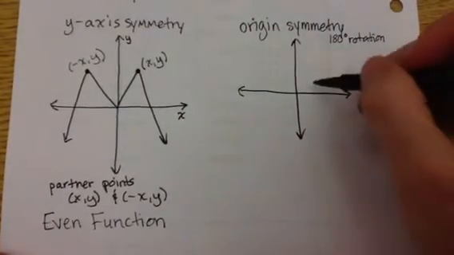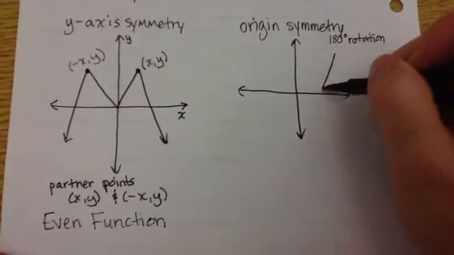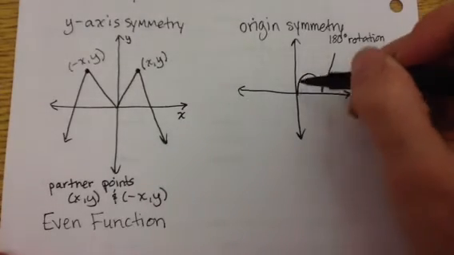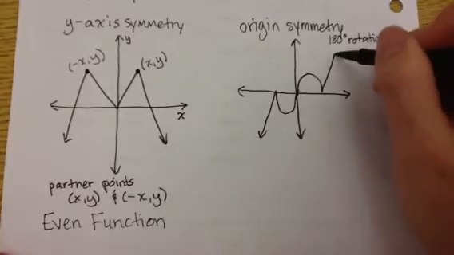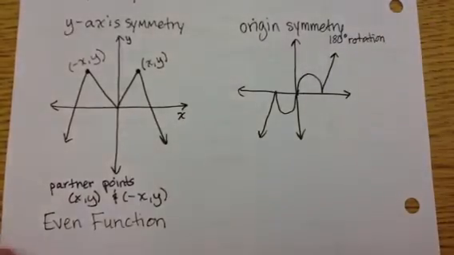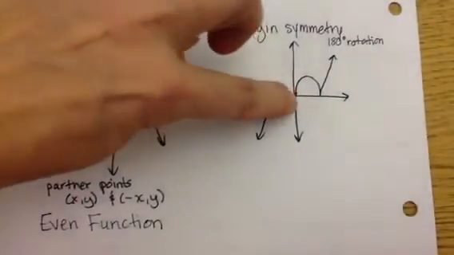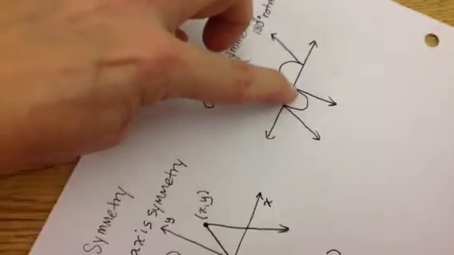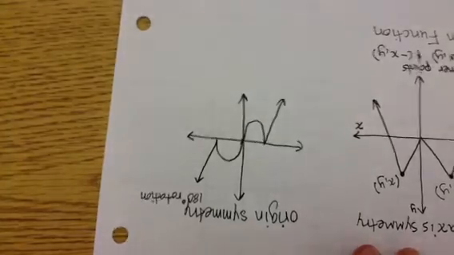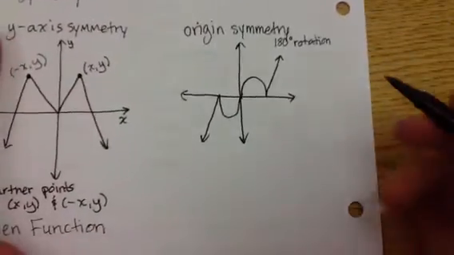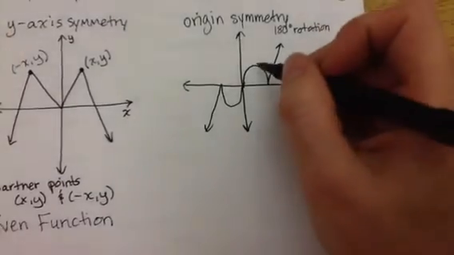So if I were to draw a graph, it's a weird looking graph, I know. But if I take my paper and I rotate it at the origin 180 degrees, then my graph would look exactly the same. So that's how we know if a graph has origin symmetry. It's that 180 degree rotation.